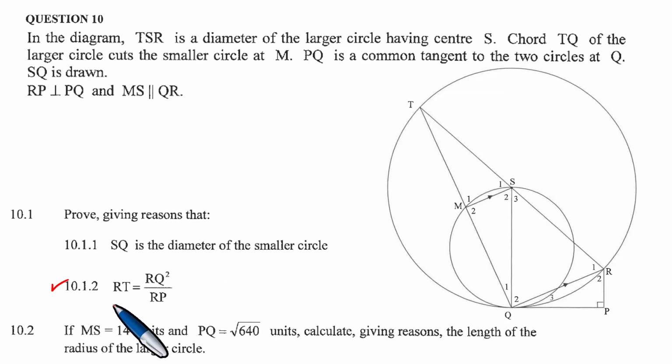Now, to look at 10.1.2, you need to look at a couple of things. We have seen, therefore, that RT over RQ is RQ over RP.